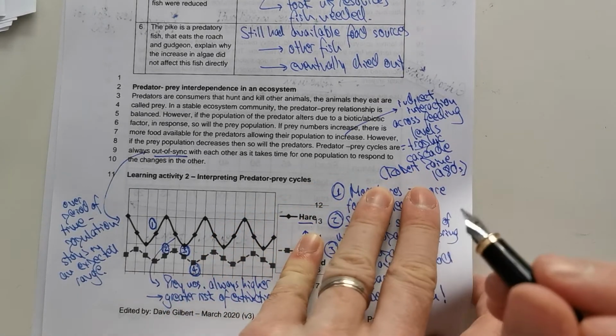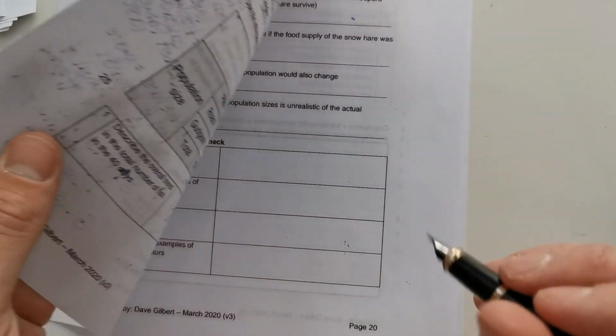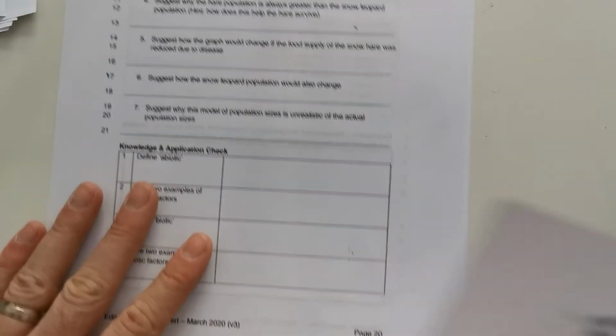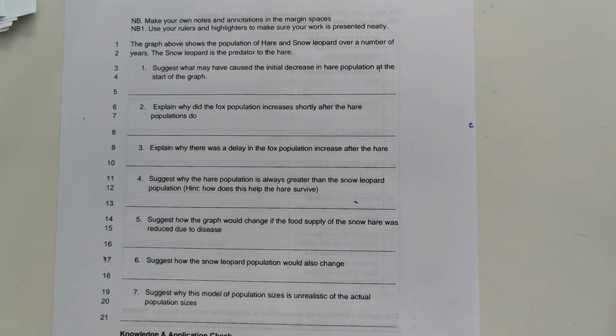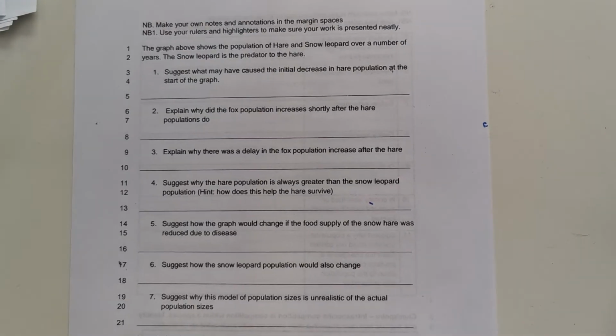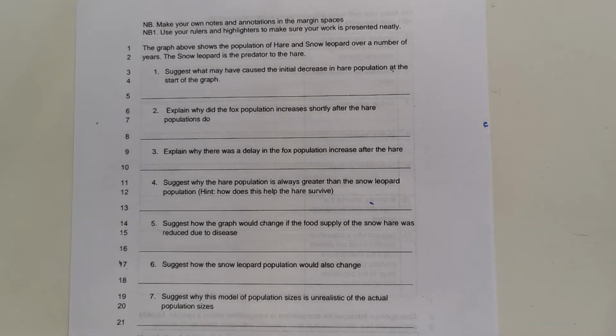So for now, just to finish off with the predator-prey cycles, if you can turn onto your next page, you will see there are a selection of questions I'd like you to have a go at answering about the predator-prey cycle. However, there are a couple of key points I want to make you aware of, and this is more from an apology point of view.